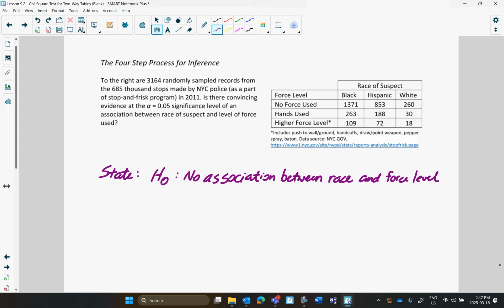What we're trying to establish is an association between race and force used. The alternative is that there is an association. Just remember we're at the 0.05 alpha or significance level.